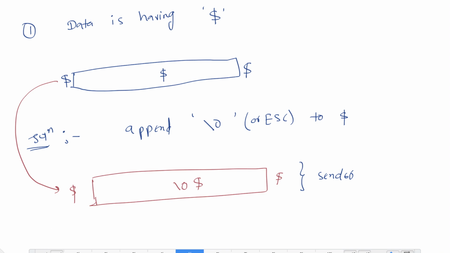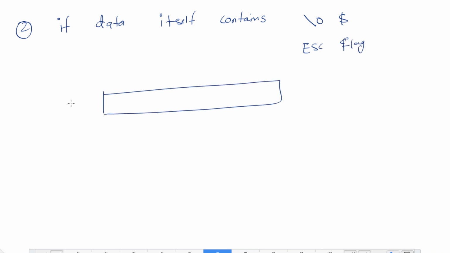Now the second thing is, what if the data itself is containing ESC and dollar, which means in the data itself you have something like this. You will pack the data between the dollars, that is okay, but in the data itself you have this. This is the original data before stuffing.